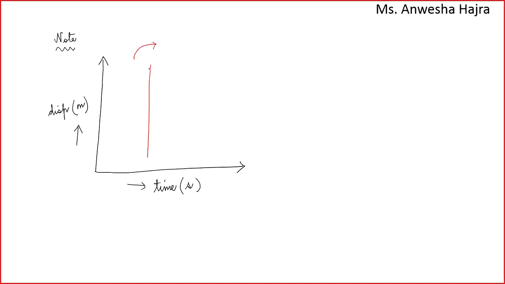Displacement time graph can never be a straight line parallel to the displacement axis.